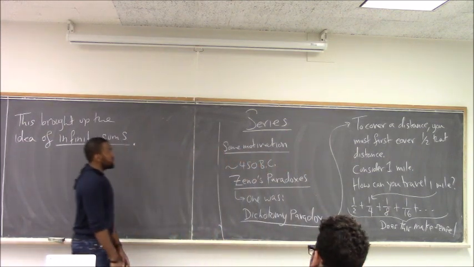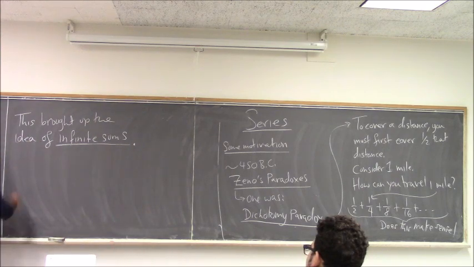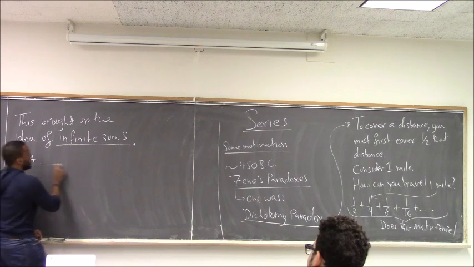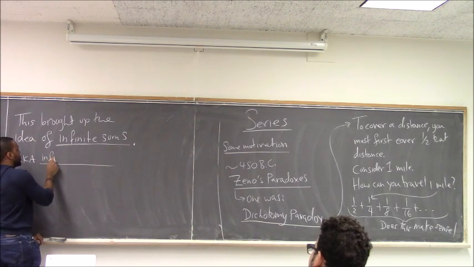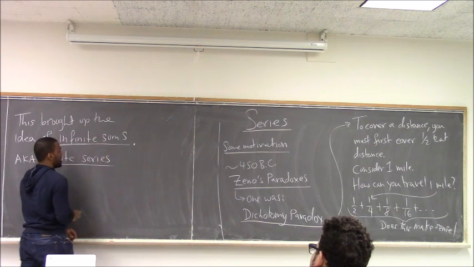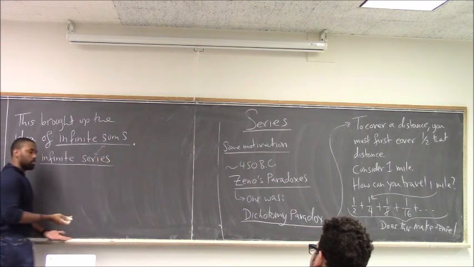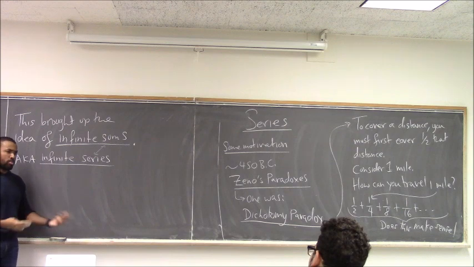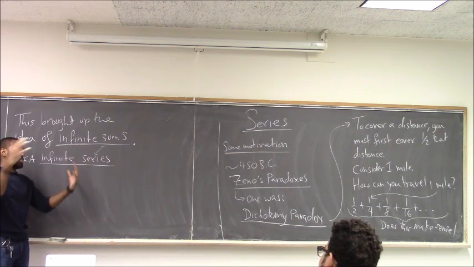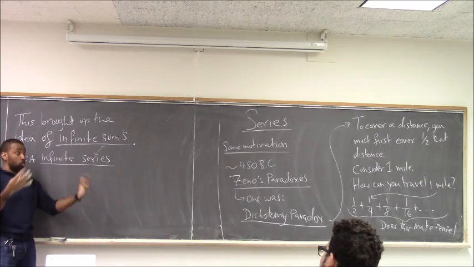So what series does is it kind of gets to the heart of this. So another way of talking about infinite sums, we call them infinite series. So a series is just another word for sum, right? Kind of like how a derivative is another word for slope. So when you want to talk about slope, like in general, the essence of slope, what is that? You say derivative, right?